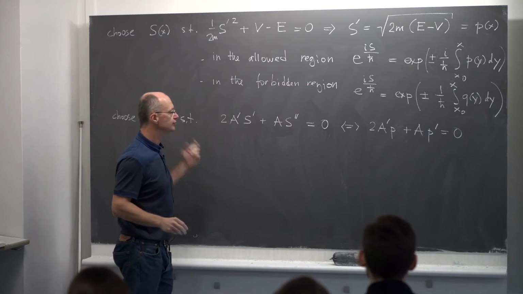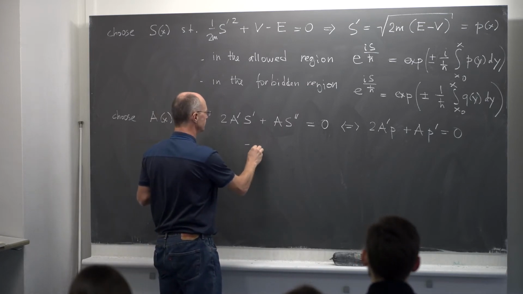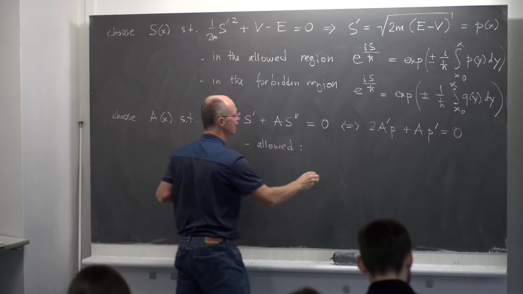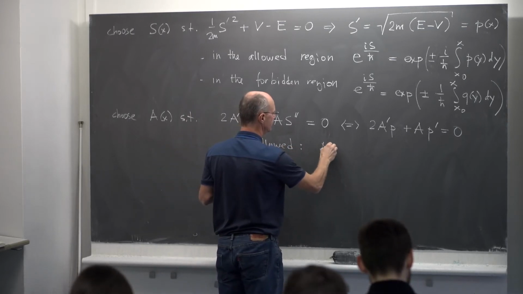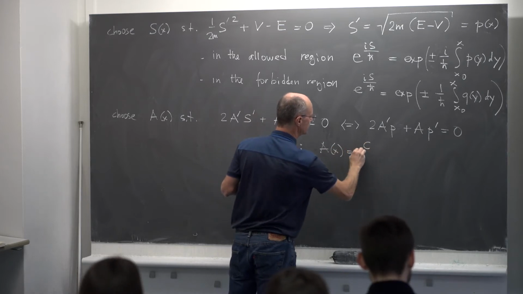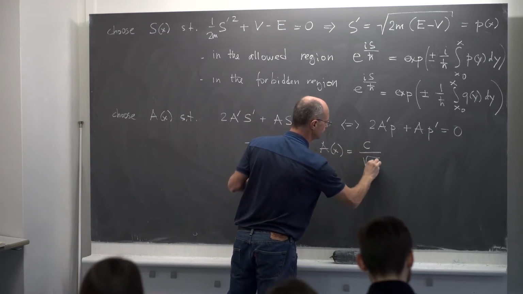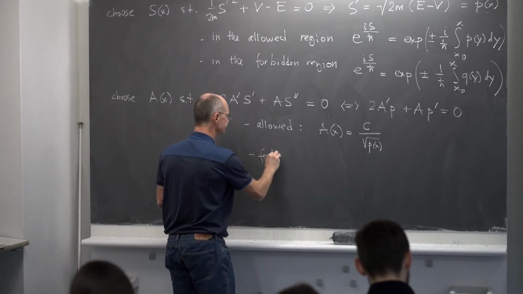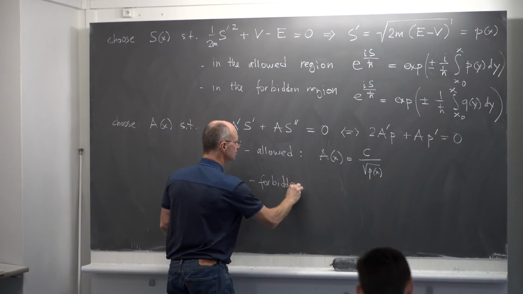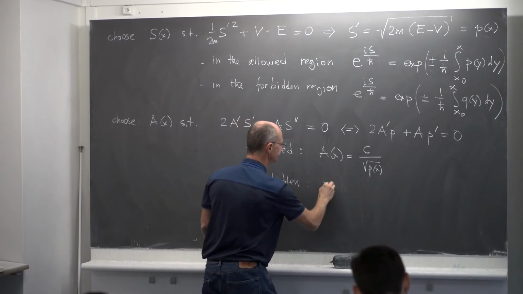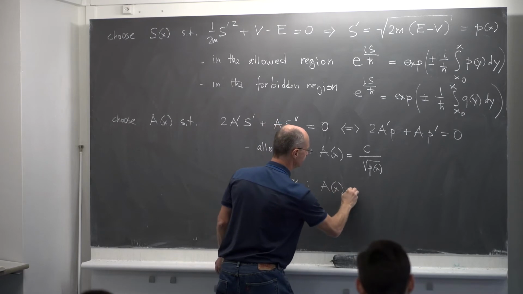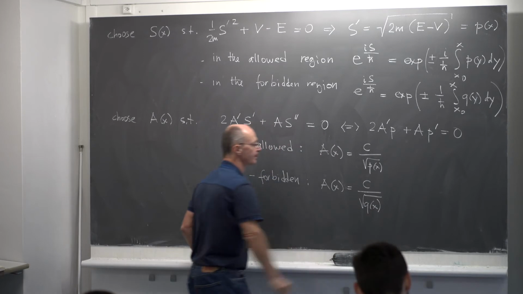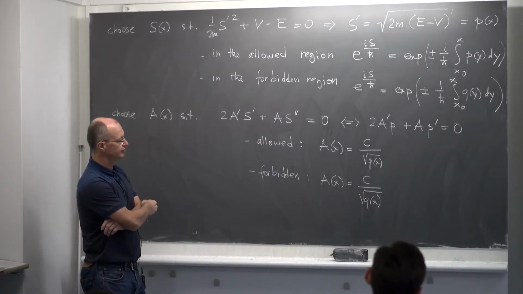Then it's easy to see that this equation is solved in the allowed region by the following choice: a is a constant divided by the square root of p of x, and similarly in the forbidden region it will be a of x equal to a constant divided by the square root of q of x.